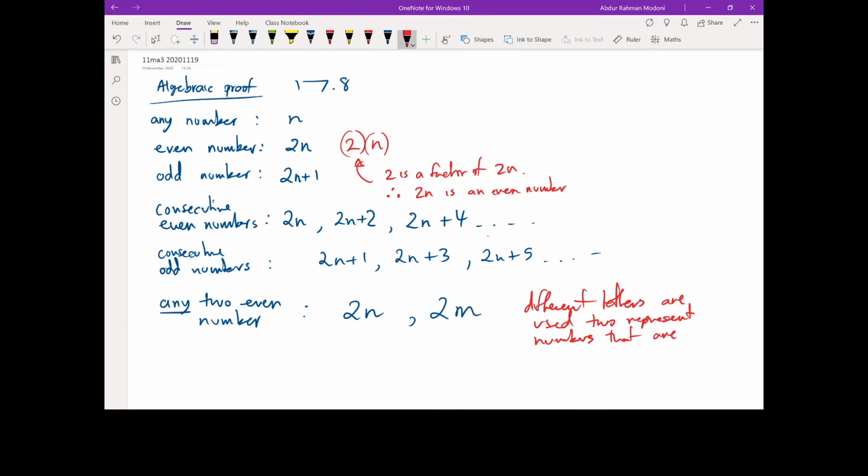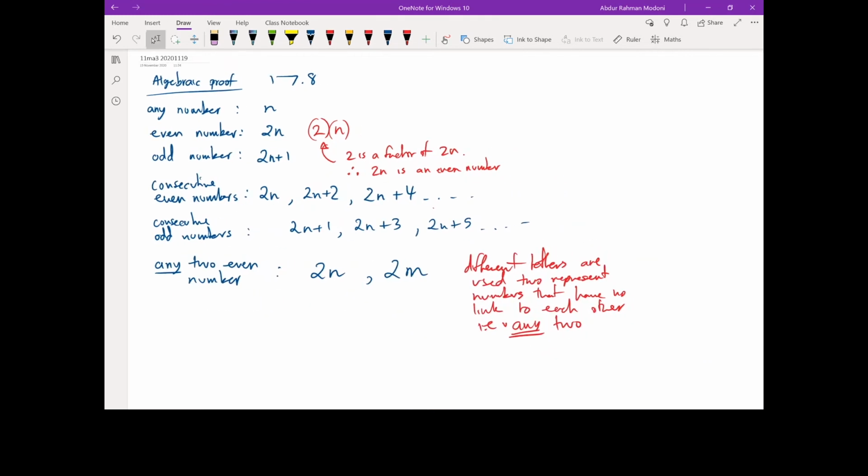Also, numbers that have no link to each other, i.e. they'll usually word it as any two numbers. What if I said any two numbers? What would I call them? N, M. Exactly. You can use any letters. I've just used N and M.